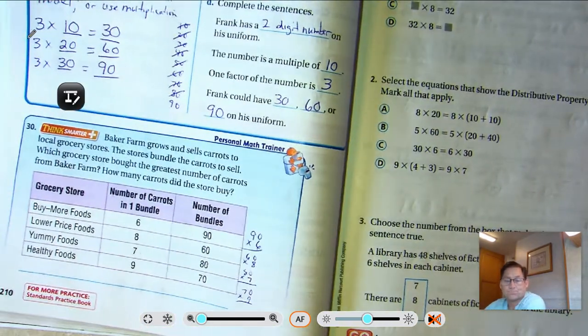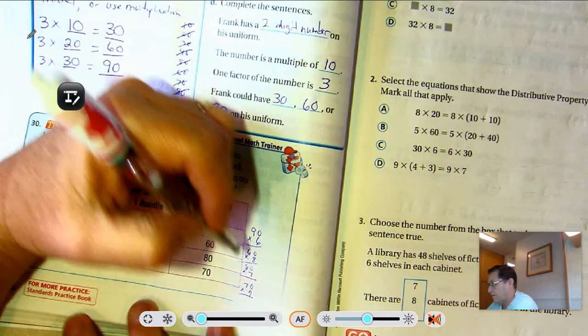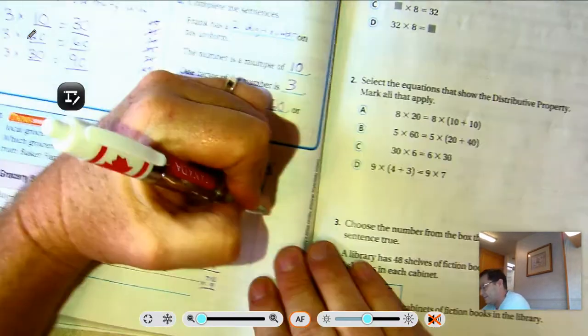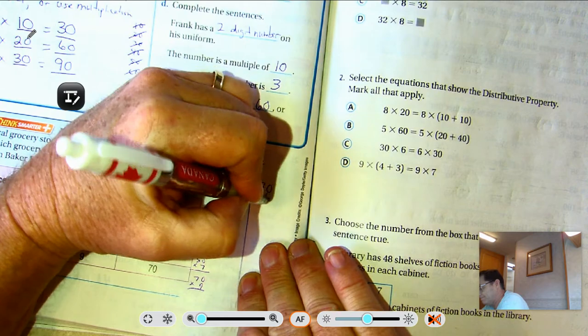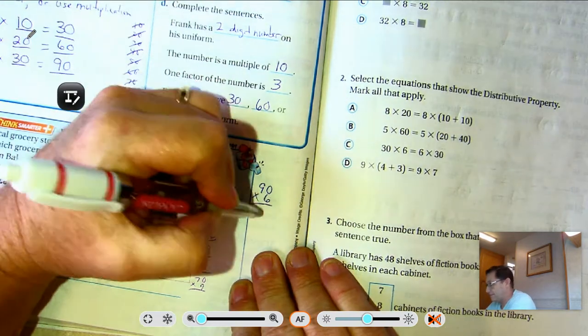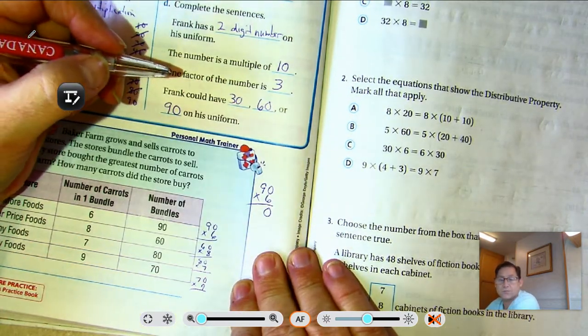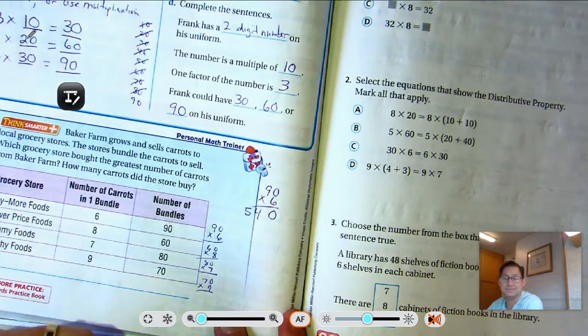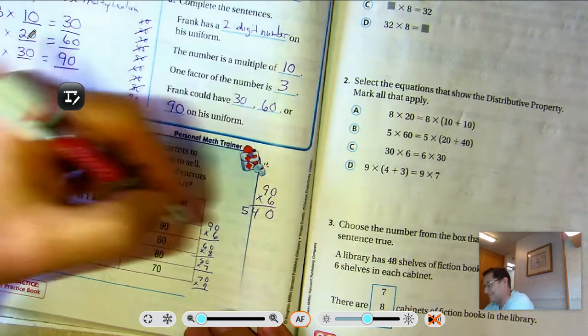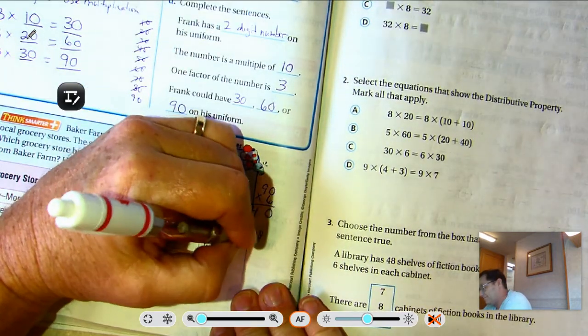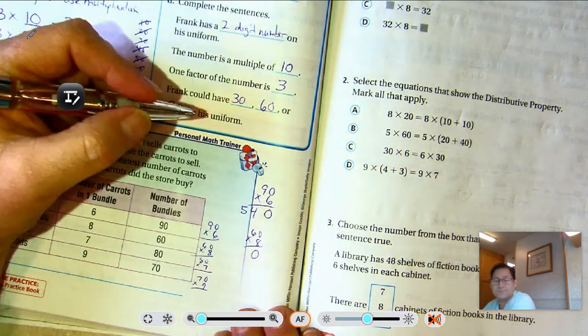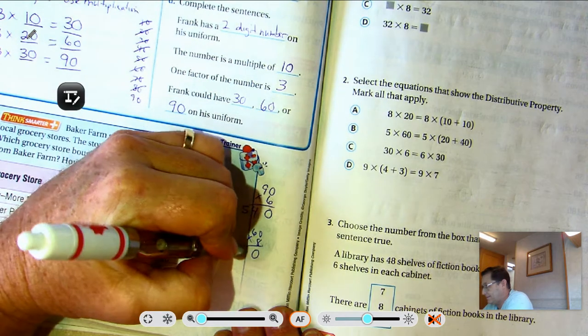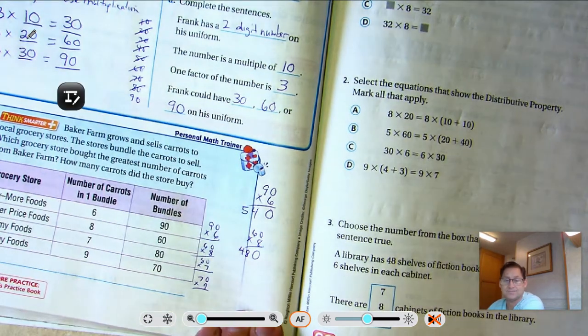All right. Well, 90 times 6. Let's do that one first. 90 times 6. 6 times 0 is 0 ones. 9 times 6 is 54 tens. 60 times 8. 8 times 0 is 0 ones. 8 times 6 is 48 tens.